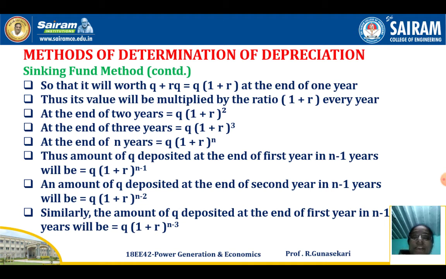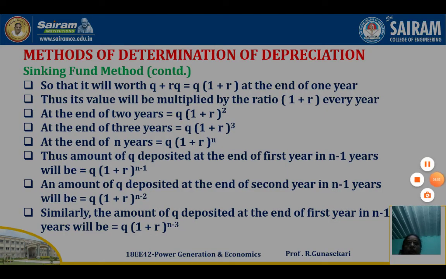Therefore the first year is Q into 1 plus r. Then at the end of the second year, Q into 1 plus r is multiplied again by 1 plus r, so Q into 1 plus r the whole squared only.